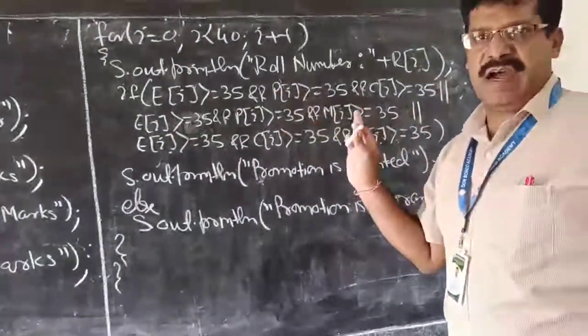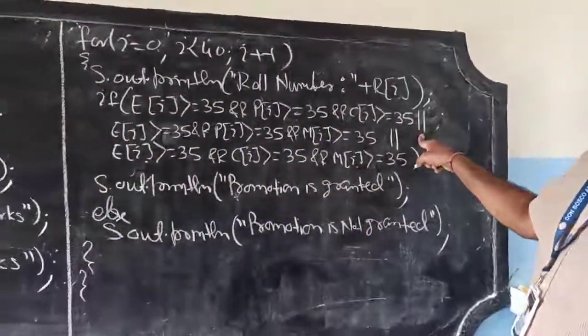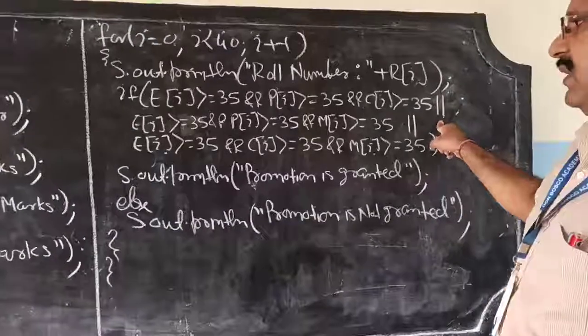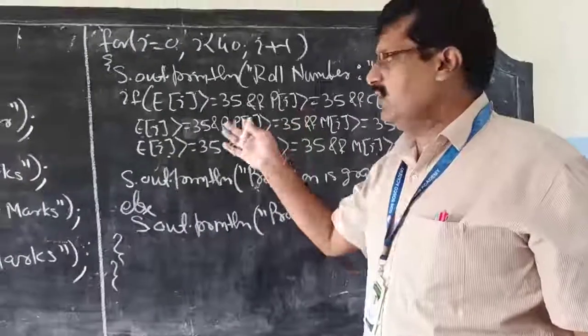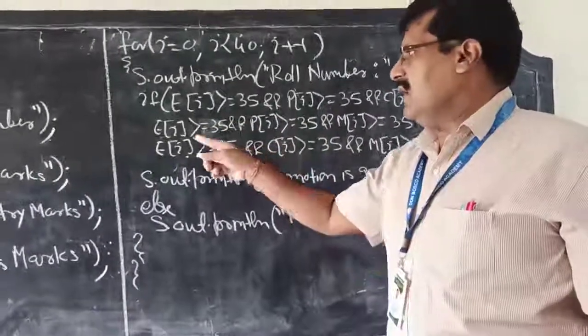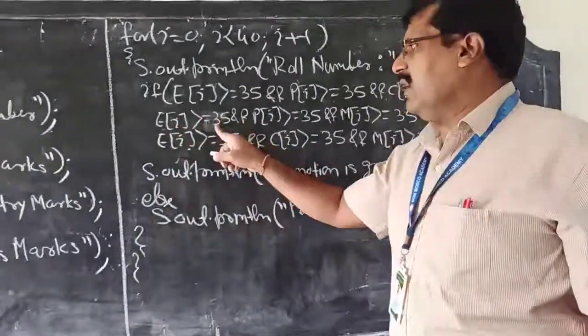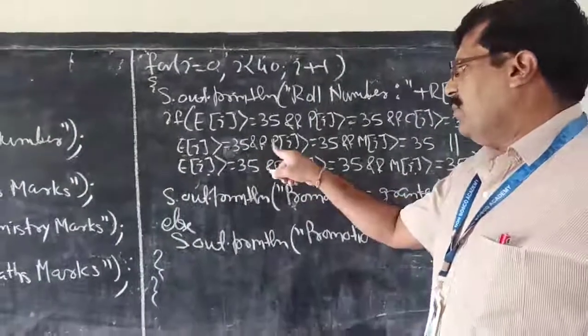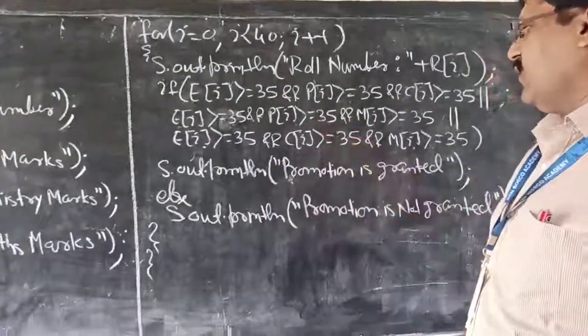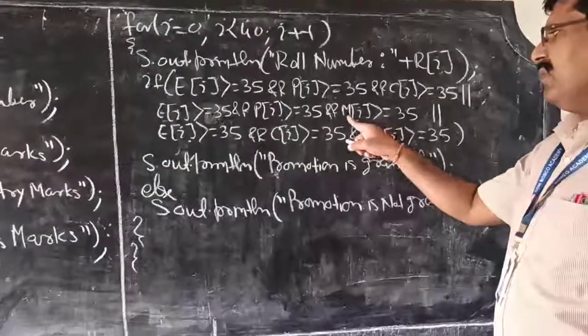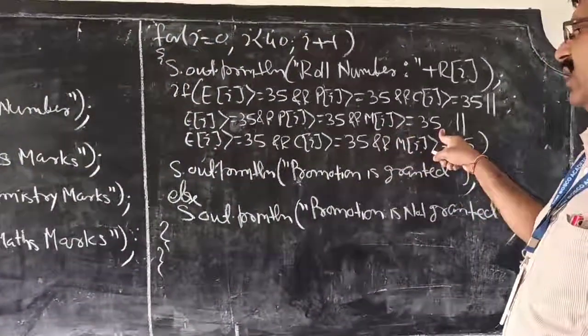Either these three conditions are true, or we have used the OR operator. See here, we have used the OR operator. If the first part is false, only then will this OR execute: E[0] greater than or equal to 35 and P[0] greater than or equal to 35 and M[0] greater than or equal to 35.